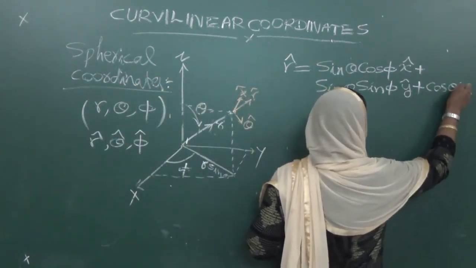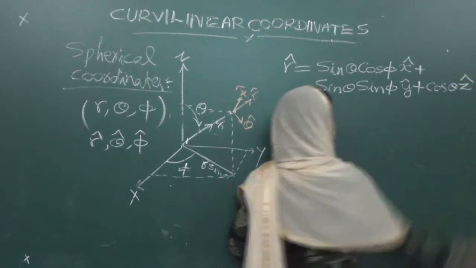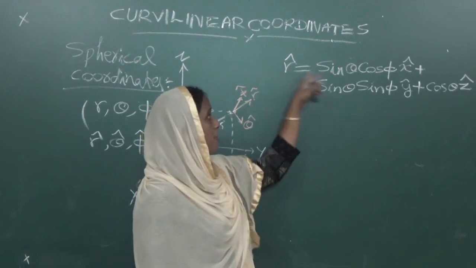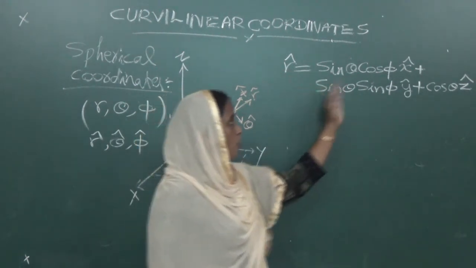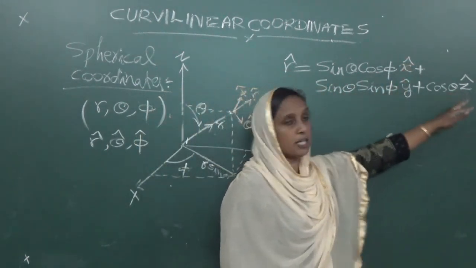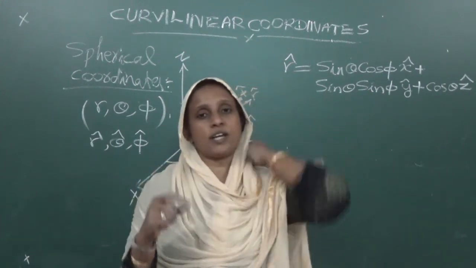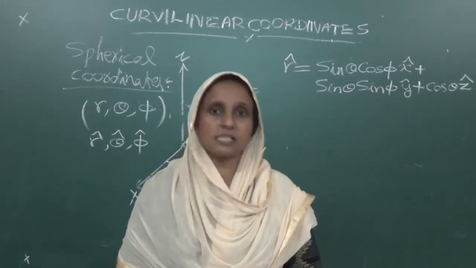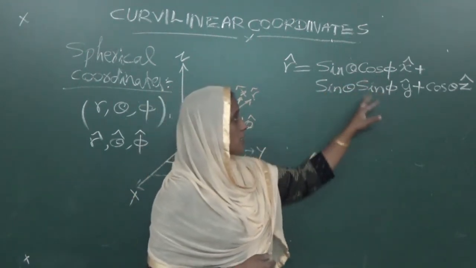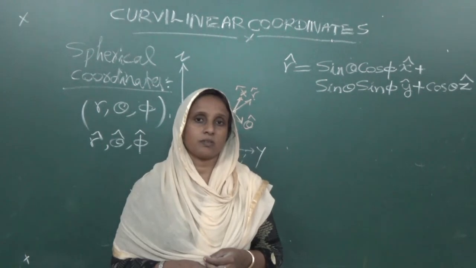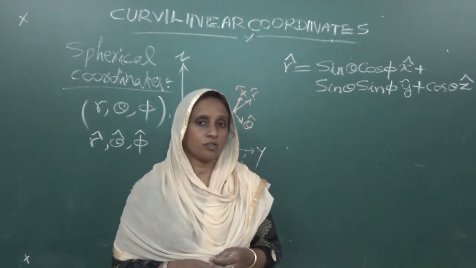This is the component of r cap along x cap, y cap and z cap. Or you can represent unit vector r cap in the Cartesian system using this representation.